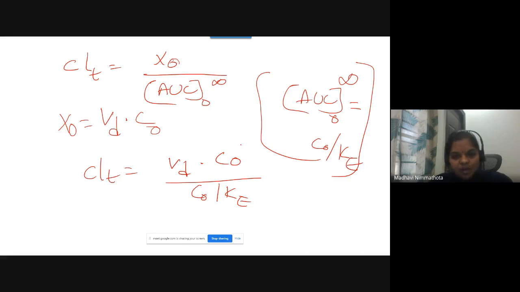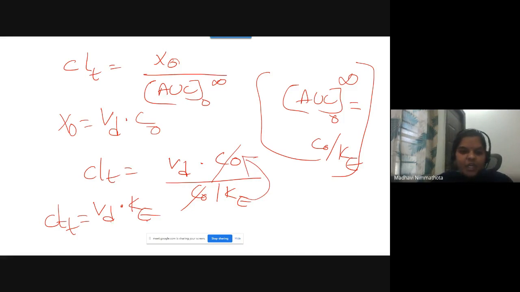So here C0 will get cancelled. Then the final equation to find out your total clearance is VD into KE. This is the final equation to find out your clearance.